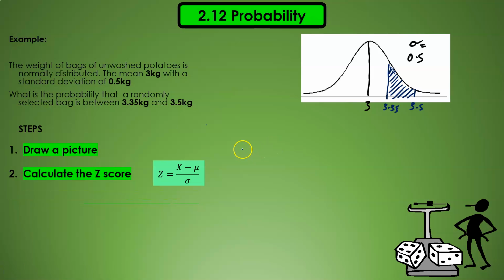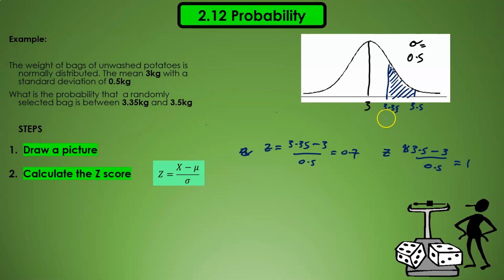So we can work out Z. Z is equal to 3.35 take away 3, divided by 0.5, which gives us 0.7. And Z is 3.5 take away 3, divided by 0.5, gives us 1.